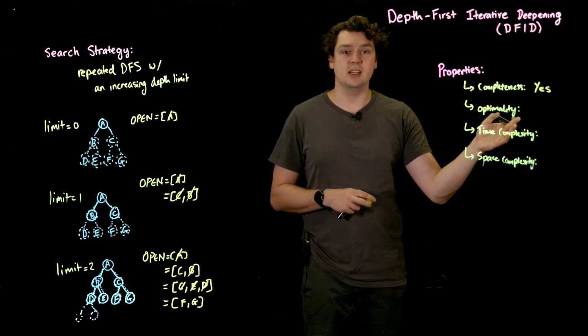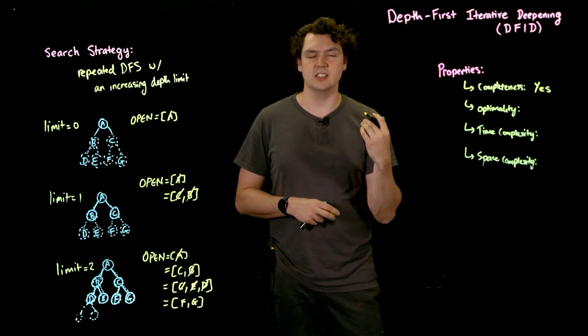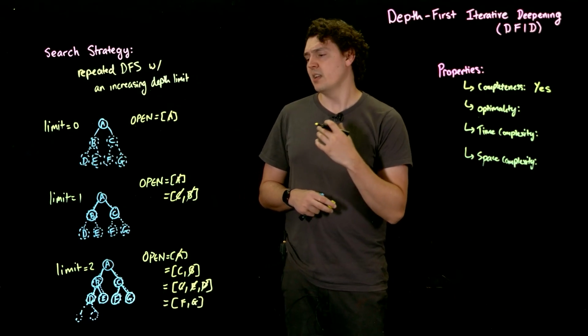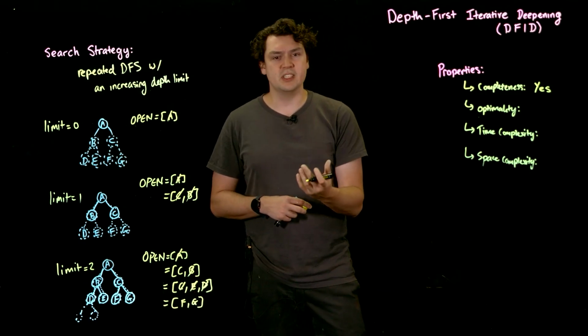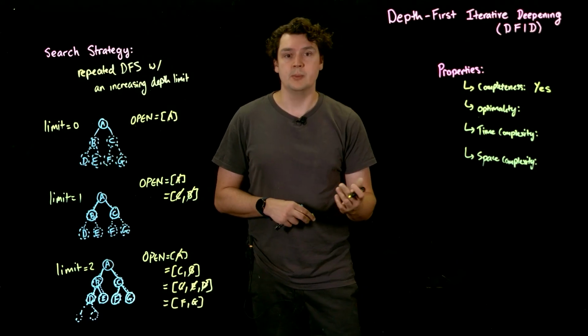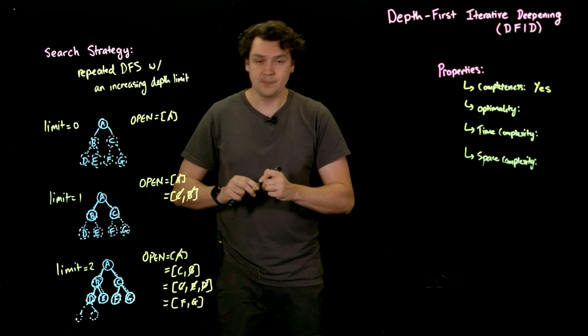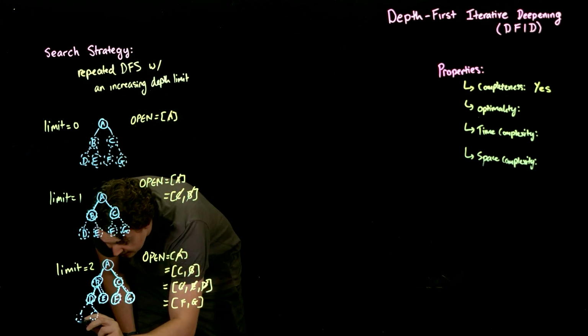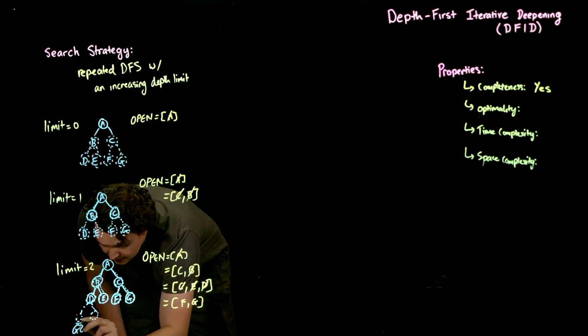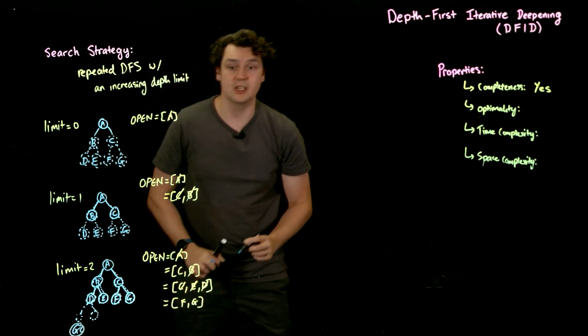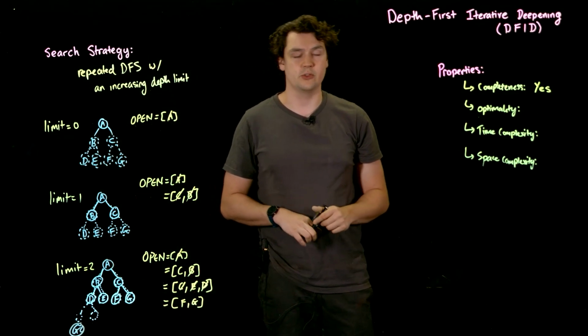What's maybe a little bit harder to see is optimality. Previously DFS was definitely not optimal because, say there's another goal, goal 2, I'll draw it up, there could be another goal much, much lower down the tree.